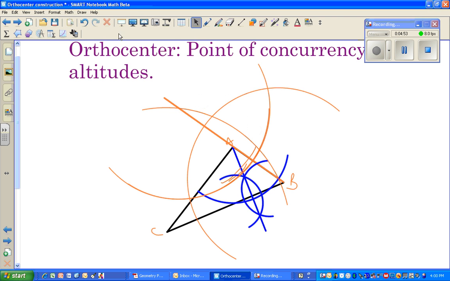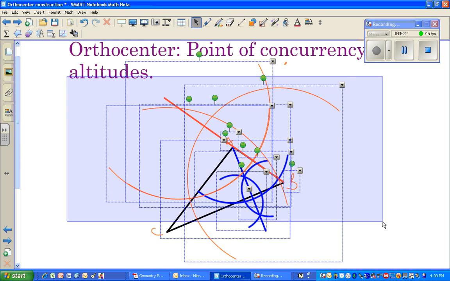I'm going to clean this up a little bit because I had a couple extra lines in there that I don't need. Okay, now if I connect from my vertex C through those points of intersection, I'll have my altitude perpendicular to the side opposite from C. Now I'm going to select all this so nothing moves.